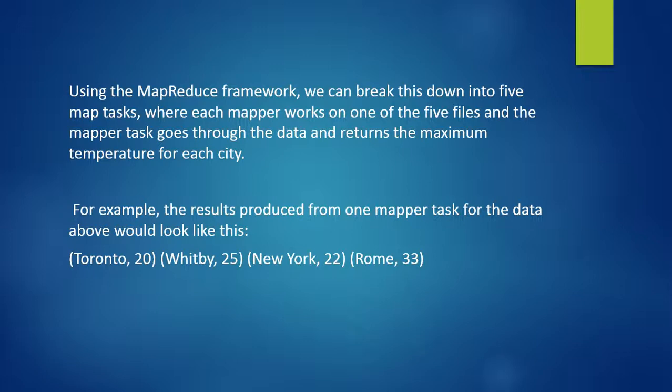This is the result from one file. It sorts these key value pairs, in which Toronto 20 is the highest for Toronto, Whitby 25 is highest for Whitby, and so the list goes on.